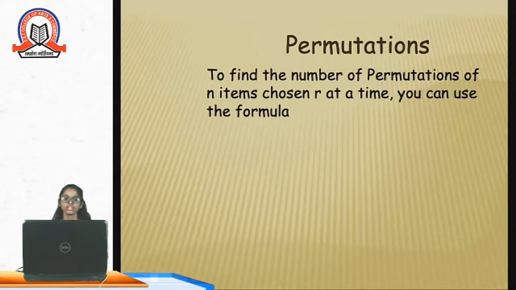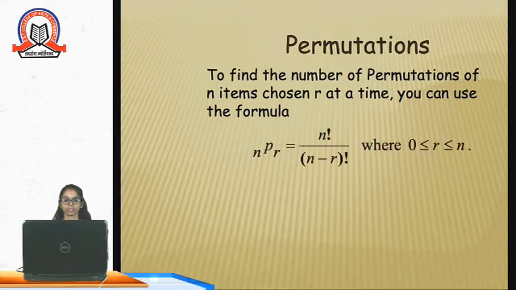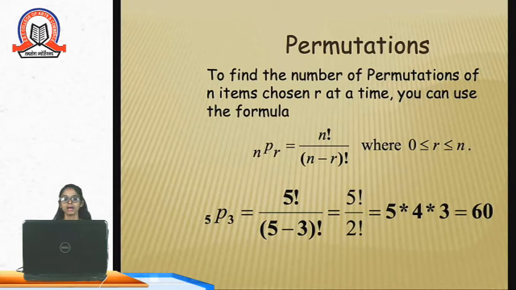Now next one, to find the number of permutations of n items chosen r at a time, we can use the formula. The formula to find the permutation is n factorial divided by (n minus r) factorial. And what is its notation? nPr, where r is between 0 and n. For example, suppose 5P3.